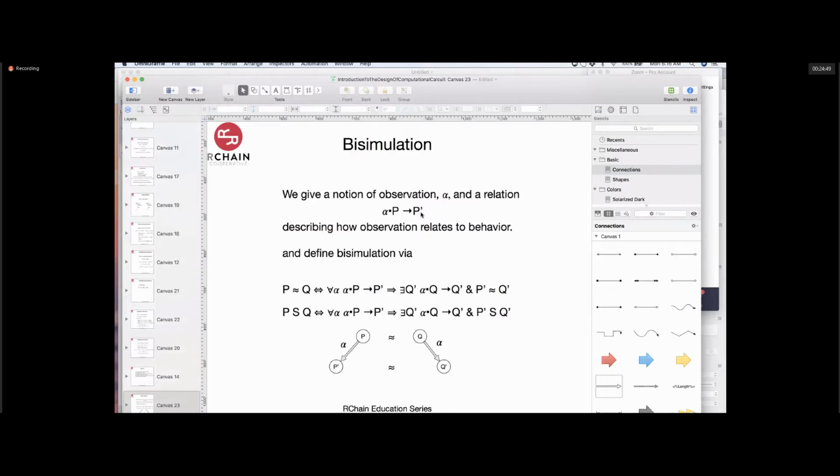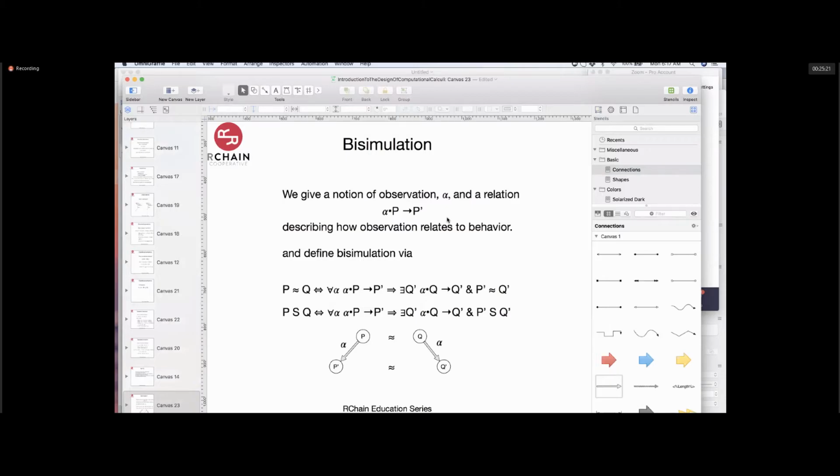So we can take that idea and use application as our notion of observation and build up a notion of bisimulation called applicative bisimulation. Exactly the same definition, just specialized for that notion of observation and the relation between how observation and computation interact. So this is a much more general thing than just the pi calculus.